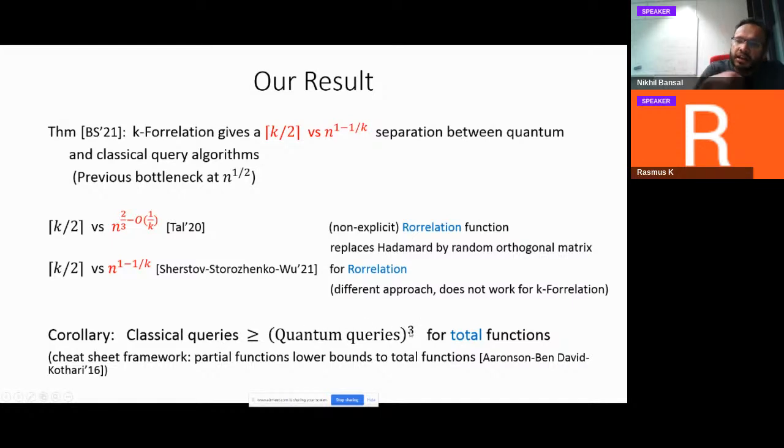You can just plug this result into a certain framework for transferring bounds for partial functions to lower bounds for total functions, called the cheat sheet framework. Using that, you get this cubic strengthening. So we are getting closer to understanding this gap. The upper bound is a 4 here and the lower bound is 3. So still some ways to go.